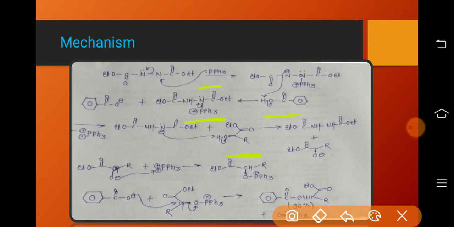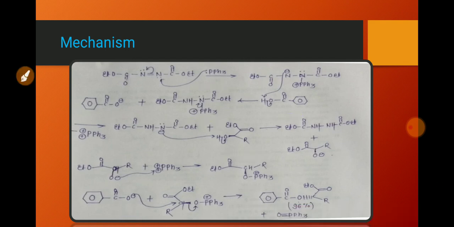Then the final step: formation of the strong oxygen-phosphorus bond and its removal by backside attack of the nucleophilic benzene carboxylate ion. In this way we get the required inverted product from alcohol.